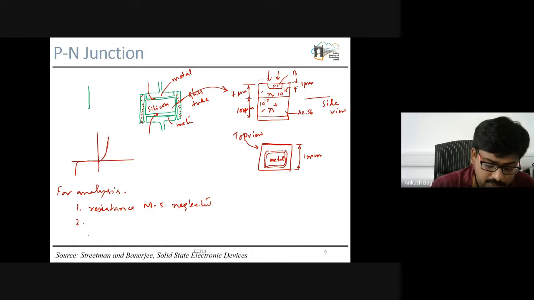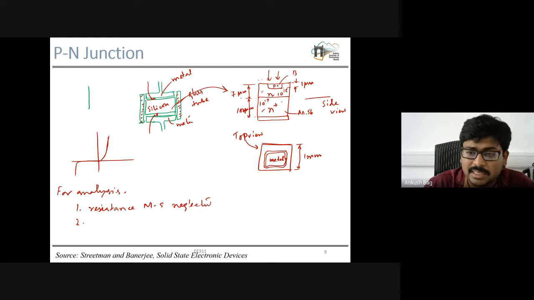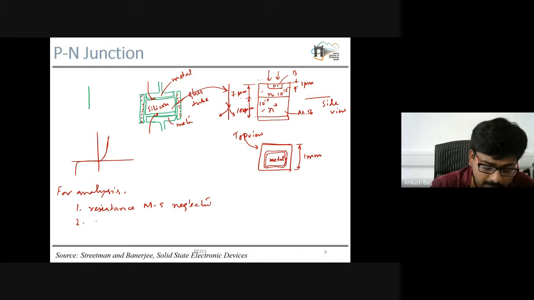The second assumption we need to consider: whatever calculation or analysis we do is for one dimension. So we'll only consider the flow of current one-dimensionally. We'll not consider current flow or carrier flow in two or three dimensions.